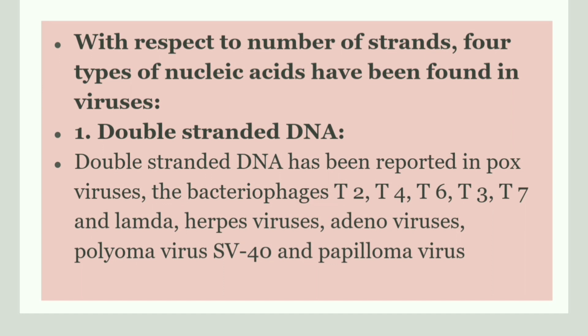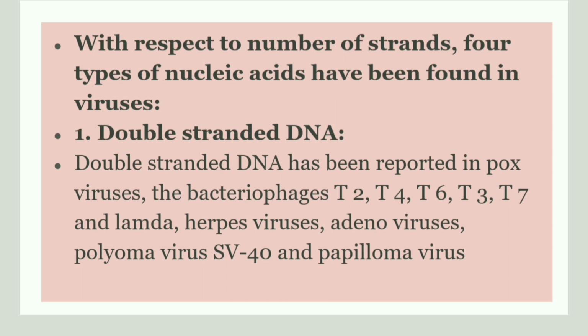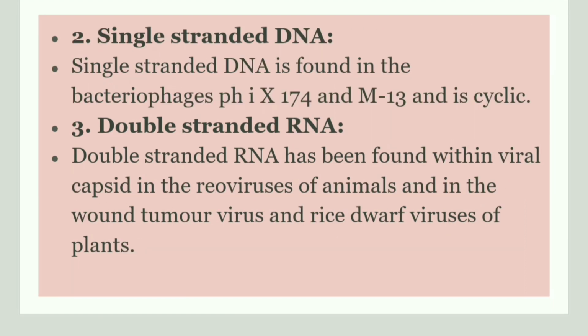Based on the number of strands, there are 4 types of nucleic acids that are found in viruses. First is double-stranded DNA viruses. Examples are the pox viruses, bacteriophages like T2, T4, T6, T3 and T7, and even the lambda bacteriophages. Next is single-stranded DNA.